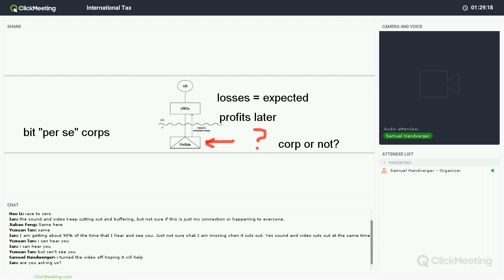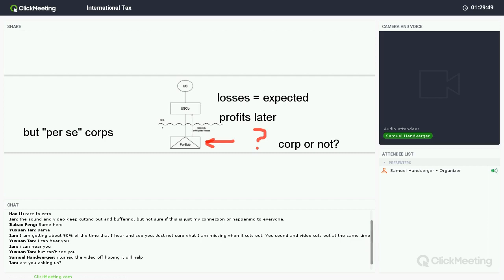A lot of times it makes good sense that that's an expectation that's worthwhile making the investment. If you have a U.S. company doing business in a foreign country and it's not doing business in a per se corporation, and you're not sure what it is, you're going to check the box to take away the uncertainty.